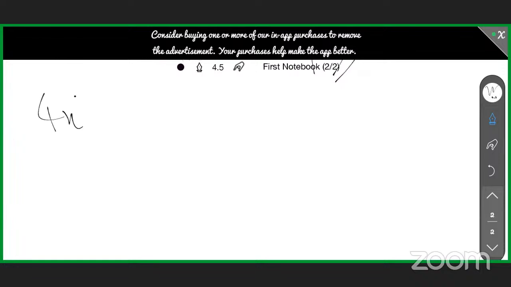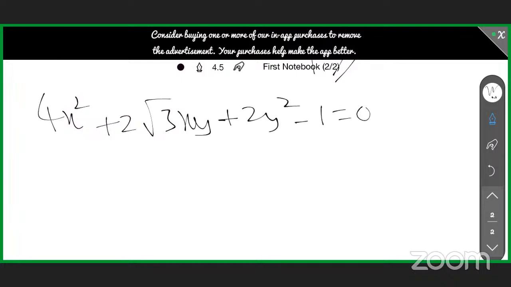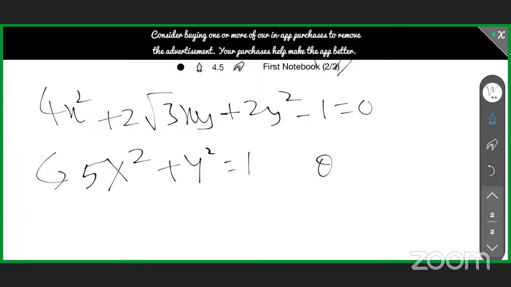The equation 4x square plus 2 root 3 xy plus 2y square minus 1 is equal to 0 is reduced to 5 capital X square plus capital Y square is equal to 1. For this, what should my angle theta be rotated at? What formula will we be using here?